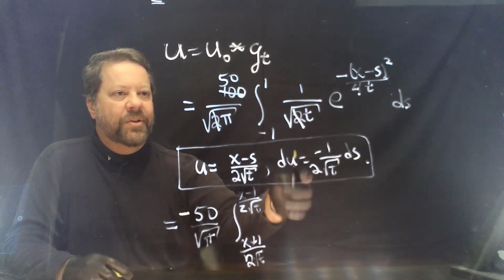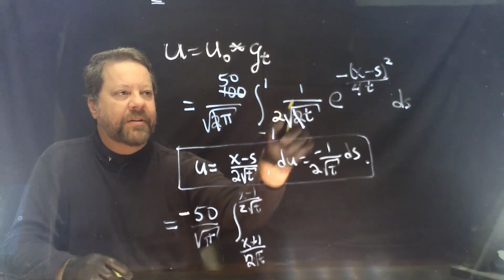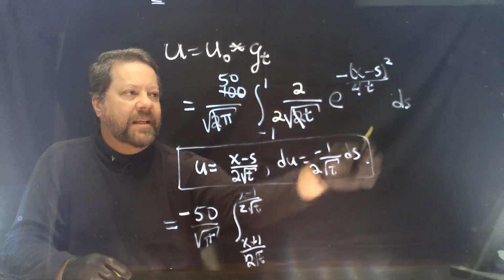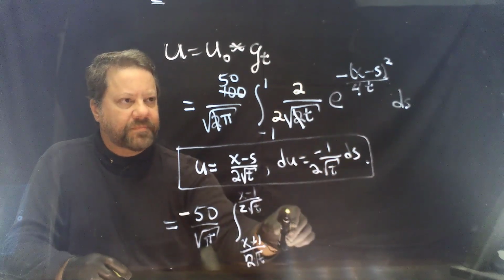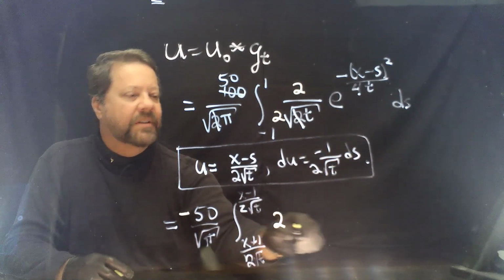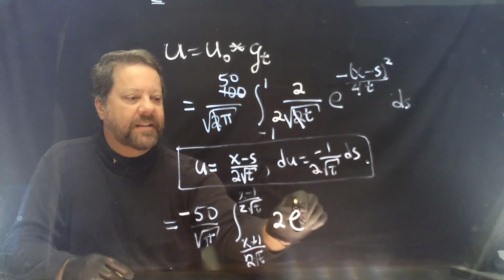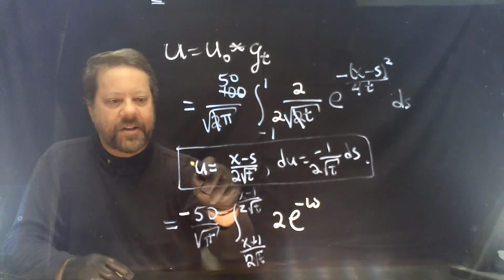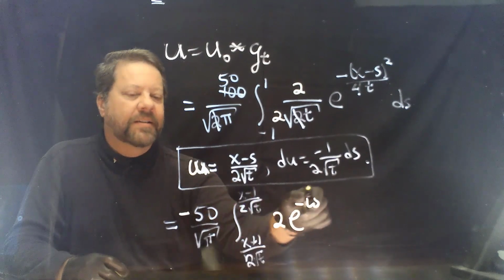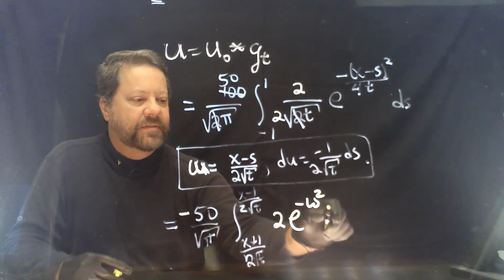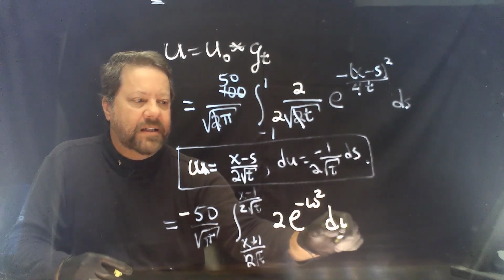We'll still need a 2 down here, so we'll put a 2 here and a 2 here, 2 root t ds. So we'll still have this 2, and then we'll have e to the minus, I should call this a w because we are already using u, w squared dw.